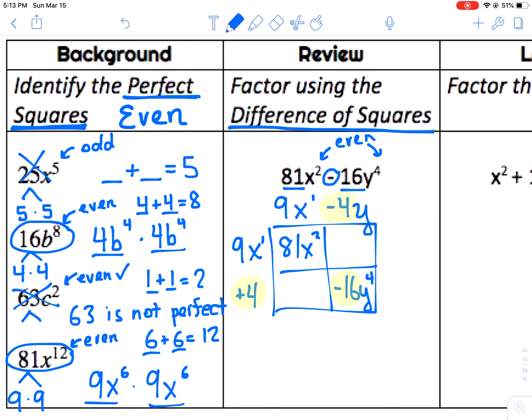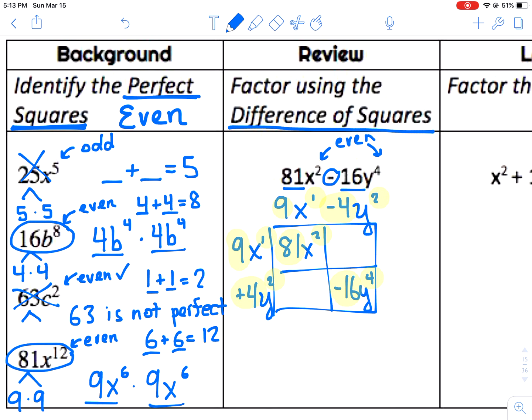And then we have y^2 and y^2 because 2 plus 2 is going to give us 4. And we'll double check here. 9 times 9 is 81. 1 plus 1 is 2.